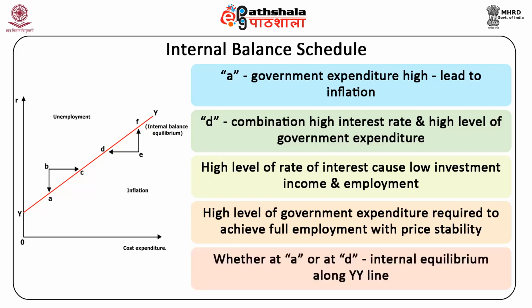So, whether we are at point A with low rate of interest combined with low government expenditure, or at point D with high rate of interest and high government expenditure, there must be internal equilibrium along the YY line.